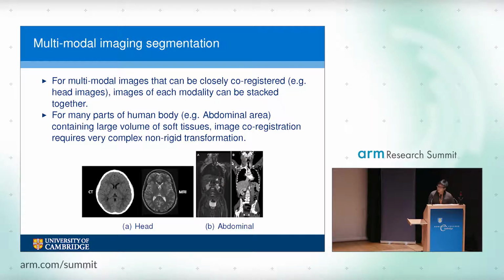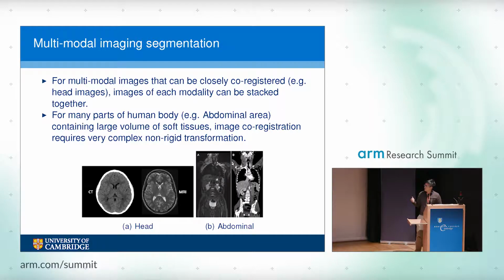So for multimodal image segmentation, for the images that can be closely registered, that means you can put the image aligned, for example, like the head image, because head is relatively a rigid body, so you can register the image of head in a relatively easy way by just a rigid transformation. So you can register them in a close position, and you can stack them together so that you make them into an image, and each modality corresponds to one channel in the image.